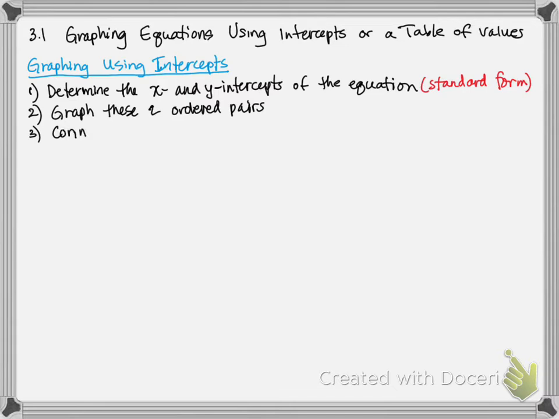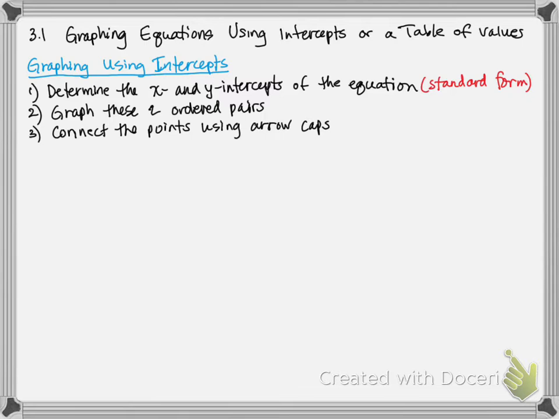So connect the points using arrow caps, so we know it goes on forever. And for whatever reason, I have some students who just draw segments. That's not going to work for this. It's a line, so it's going to continue infinitely in either direction, and the arrow caps let me know that. Okay, so that's basically it.